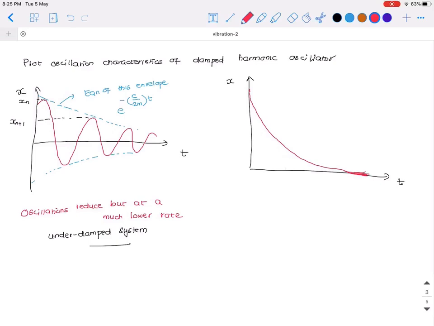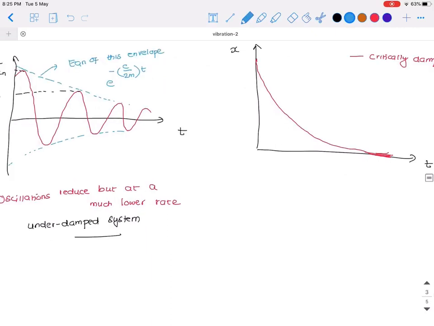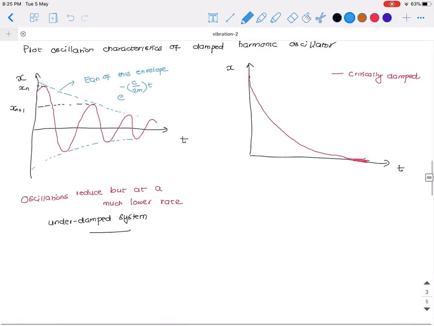Okay, this is critically damped. And for an overdamped system, it goes like this. Okay, so that is the overdamped system.